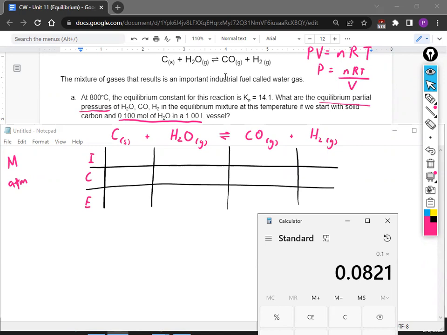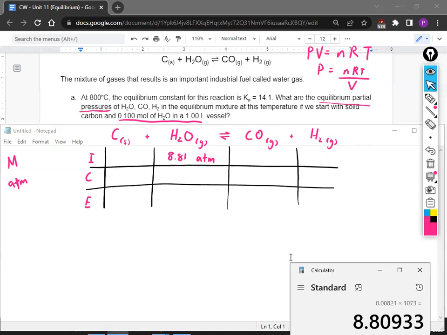Yeah, you want to convert it into Kelvin, so it's going to be 1073. So you should get a partial pressure of, I'm going to round that up to 8.81. Okay, everybody good with that? And that's going to be in atmospheres.